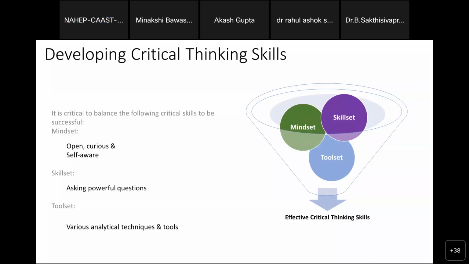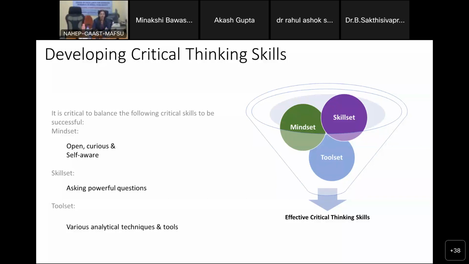Because that helps you to take good decisions, and once you take good decisions and start providing good solutions, obviously it is going to help the organizations. That is the reason why these skill sets are very, very important. So always have an open mind. Ask the right set of questions.